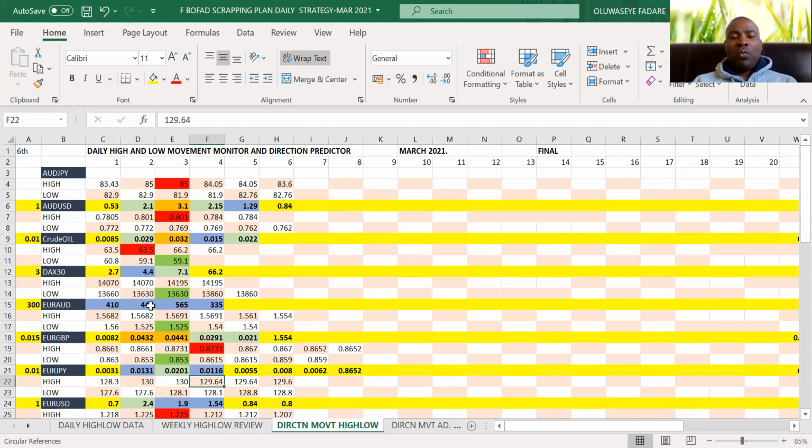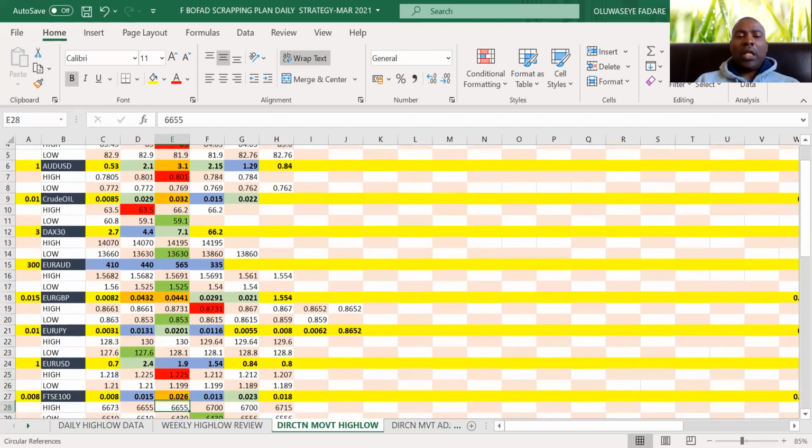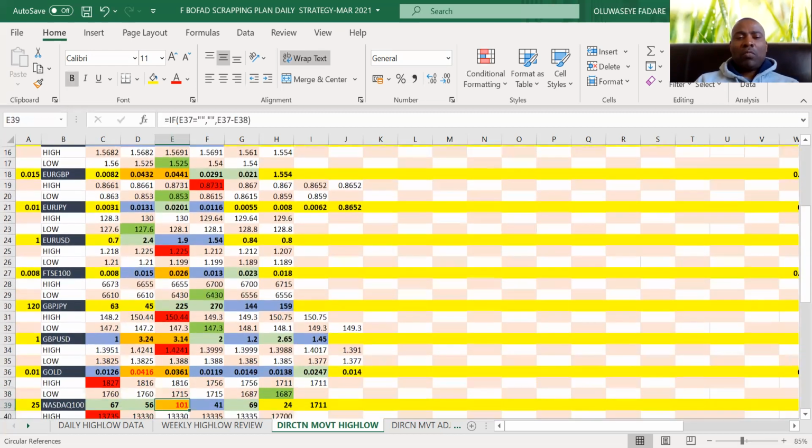But if you look at the low trend, you can see 127.6, 128.1, 128.8, which means our low is increasing constantly. So using that to judge this, I'm going to choose this as a high trend. So it's likely the market will surely go above 130 by the end of the month.